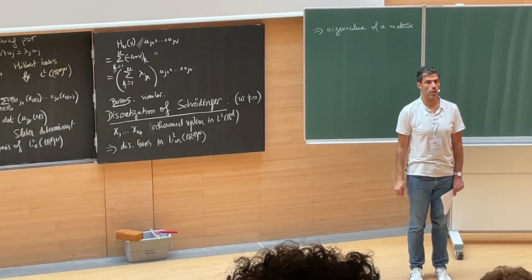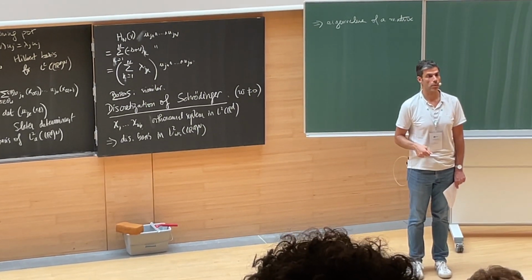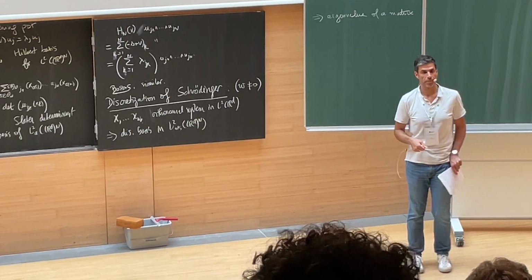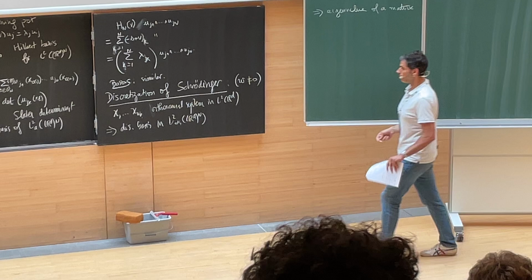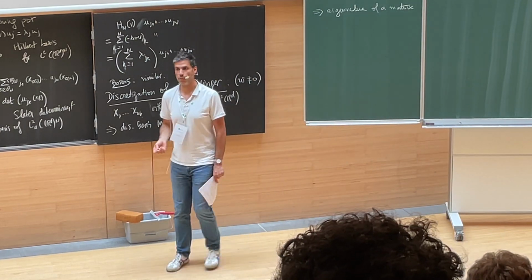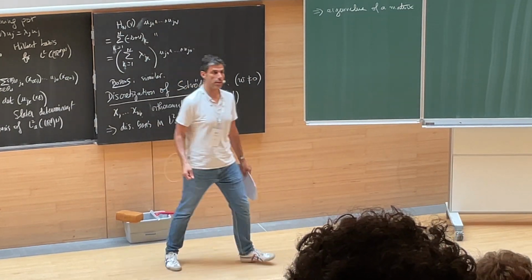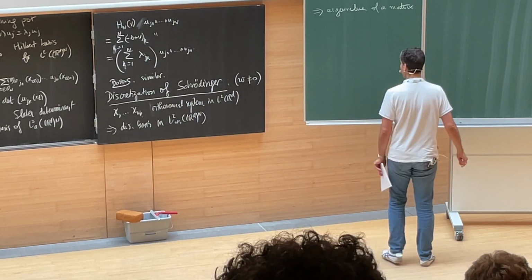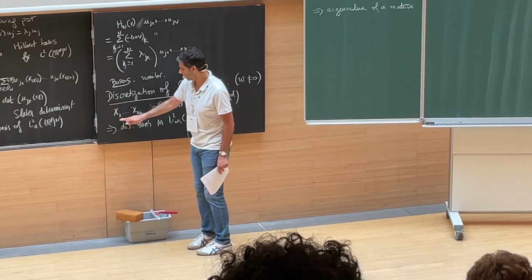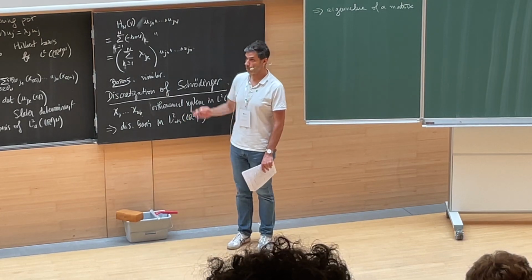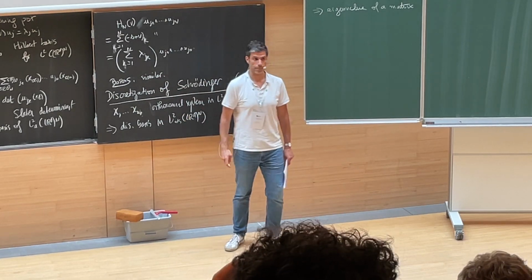Is this doable? The answer is no. Why? In practice, it's not doable, because if we start counting how many functions we will have, then it gets very easily crazy. So you see that we have NB functions, and then we put everything to a power n.